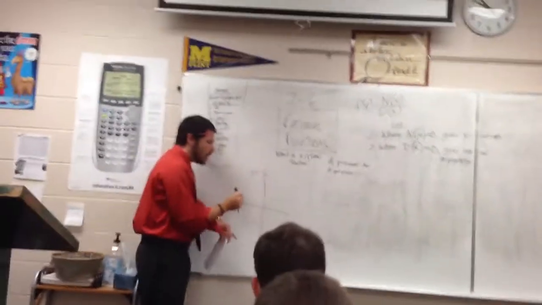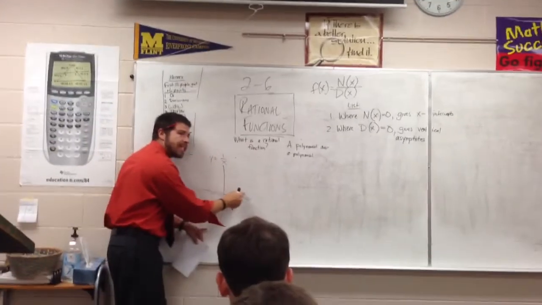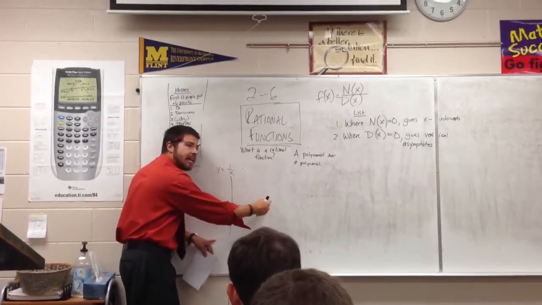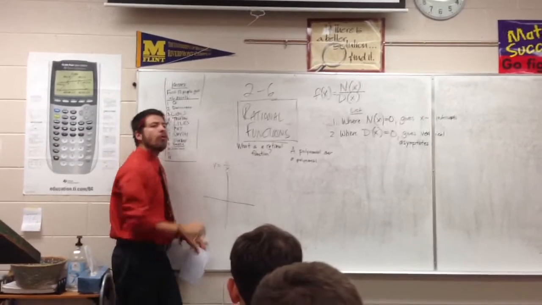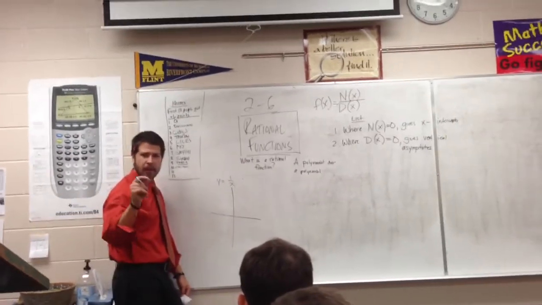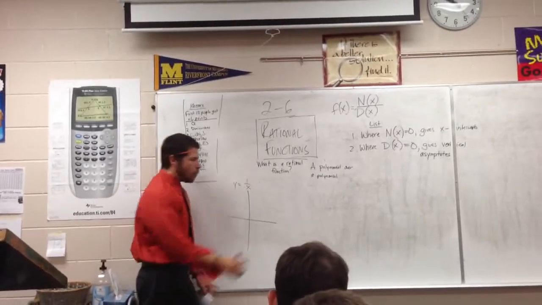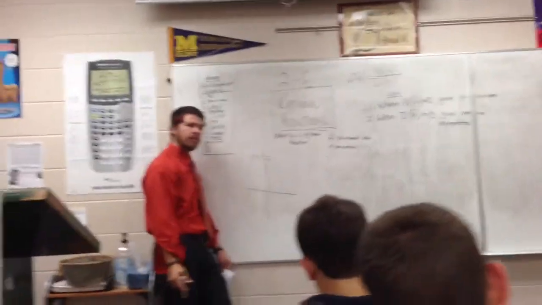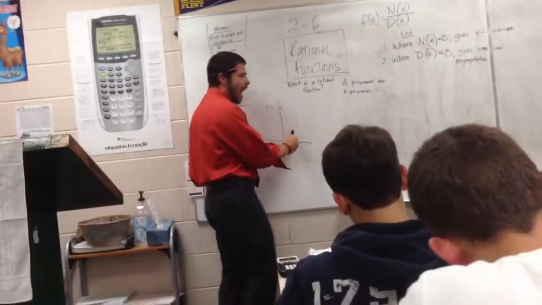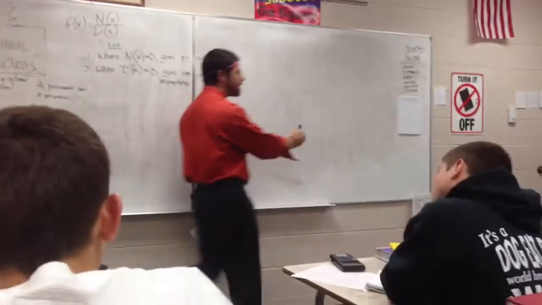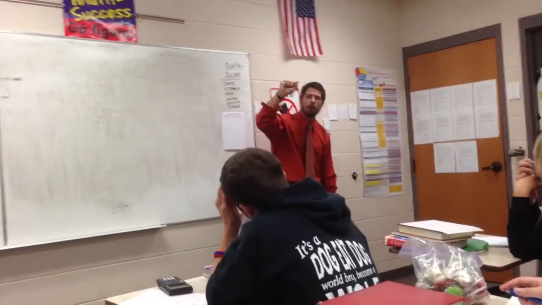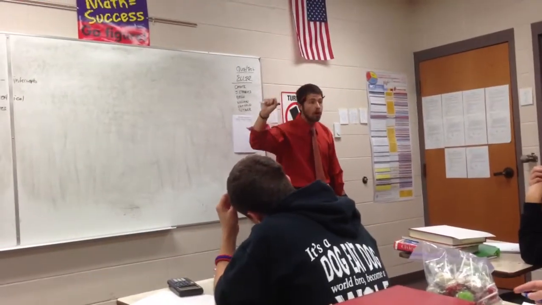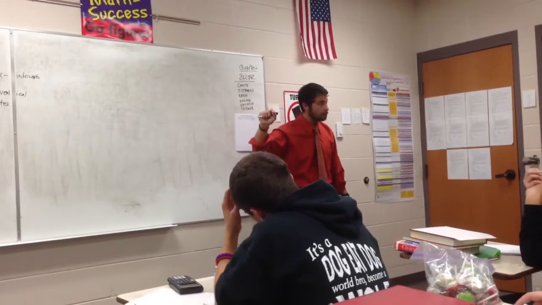What I have here is, as my x numbers get very, very huge, what happens to 1 over x? Doesn't that get very, very small? If I have 1 over a billion, that's a very tiny number. So as I get bigger and bigger with the x values, my number is getting smaller and smaller towards the x-axis, right?